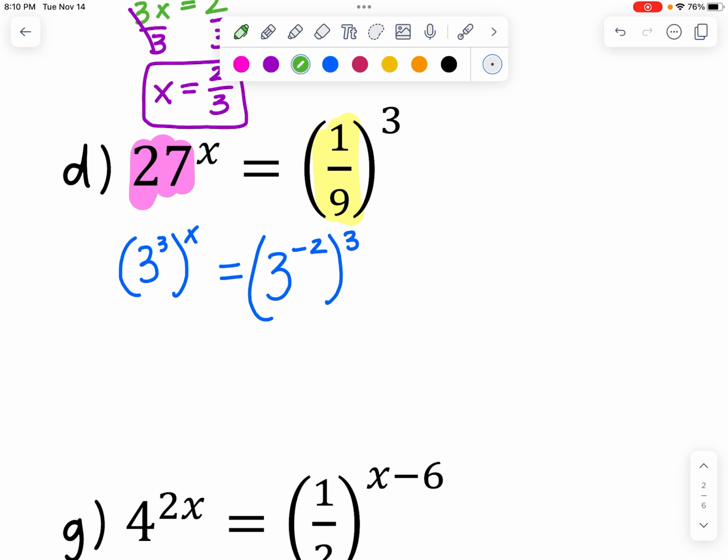Now I have 2 base 3's, which is good. I can set their exponents equal. We have 3 times x equals -2 times 3 is -6. All right, solve for x. I'll divide by 3 on both sides, and I get x equals -2.